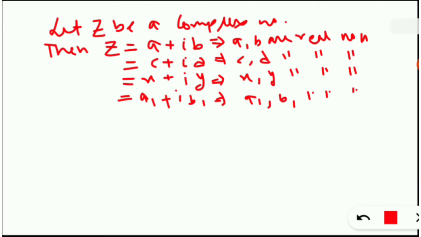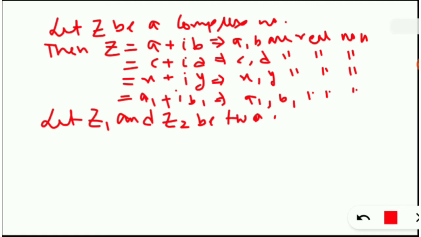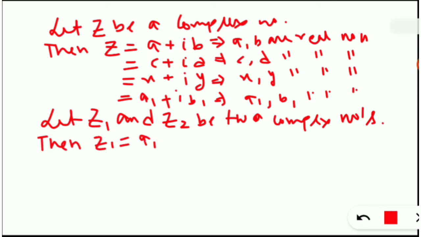Okay, again suppose let z1 and z2 be two complex numbers. Then we can write z1 equals, suppose here we take, a1 plus ib1, and z2 equals a2 plus ib2.